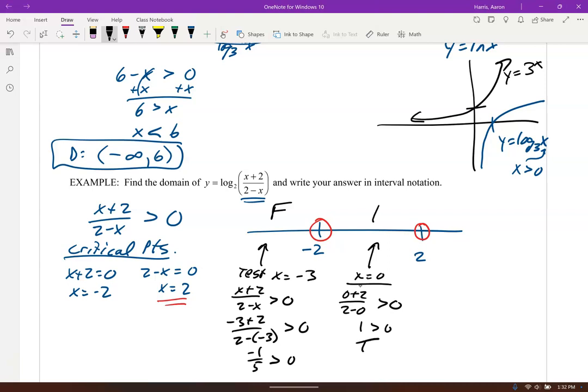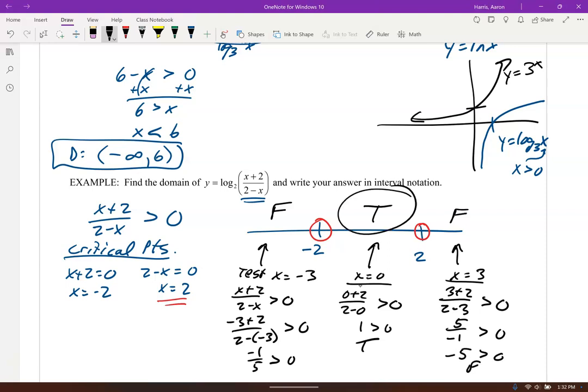That's true, so that's going to be part of my domain here. And now let's test something over here, like 3. So 3 plus 2 over 2 minus 3. Is that greater than 0? Well, 5 over negative 1 is negative 5, which is not greater than 0. So false. So the only part of my domain is from negative 2 to 2, not including the endpoints there.